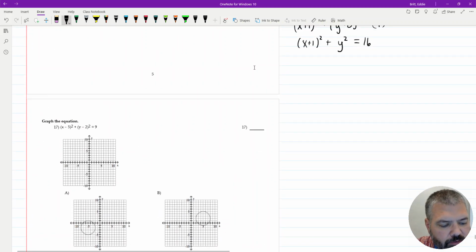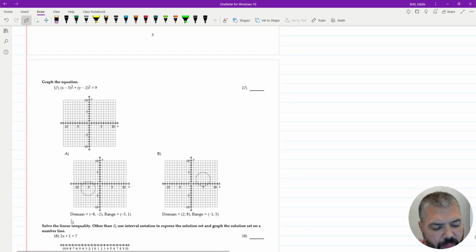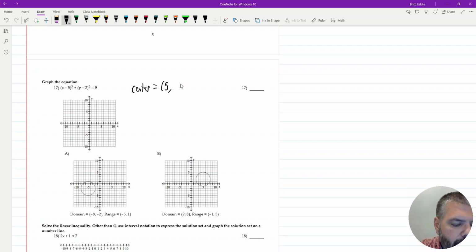Now this one wants us to graph the equation. So to graph a circle, and we actually only have two choices. It's going to be hard to miss this one if you just write down the center and the radius, because you see this circle is up here, and this circle right here is down here. So the center is going to be pretty easy to figure out where the circle is if you can just get the center right. So for the center, remember we use the opposite numbers. So I have a -5, so I use +5. And I have -2, so I use a +2.